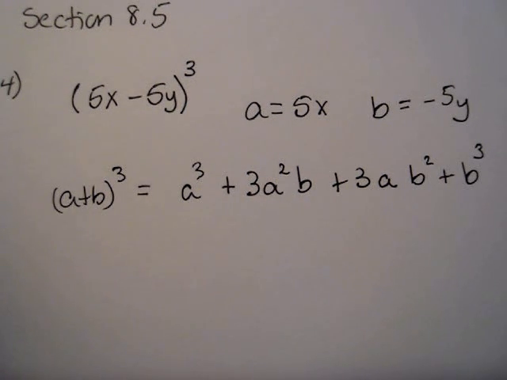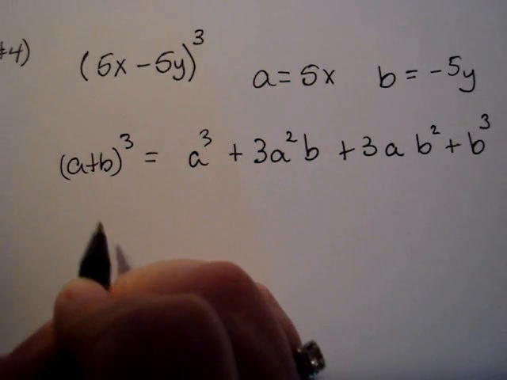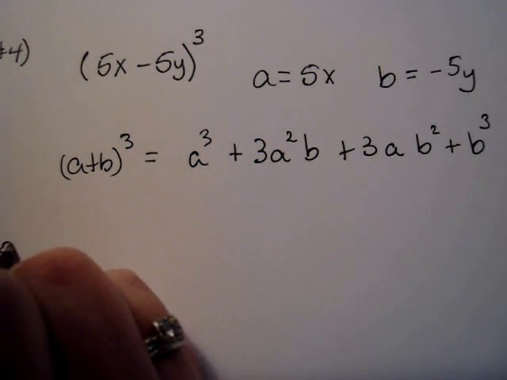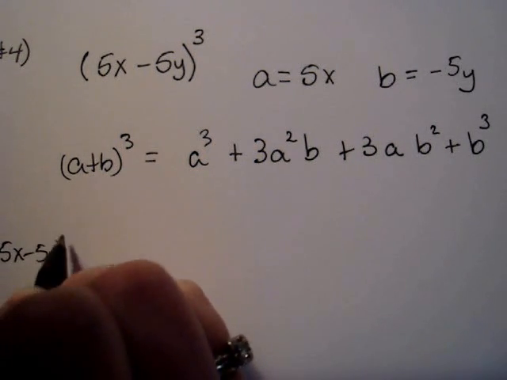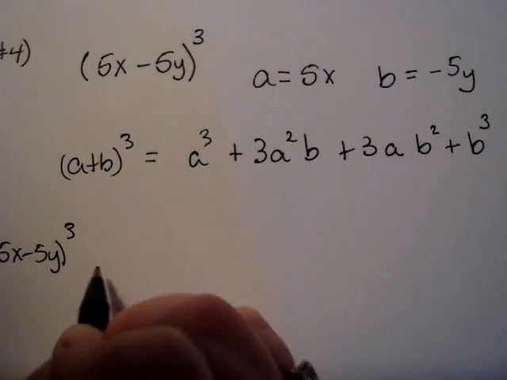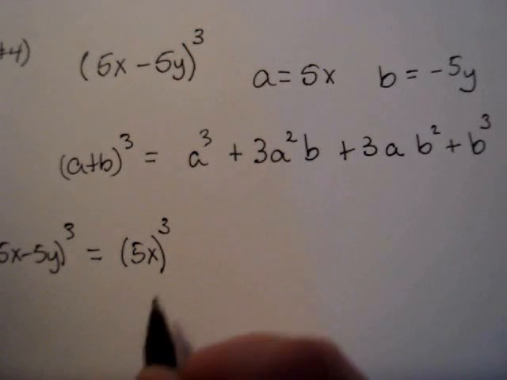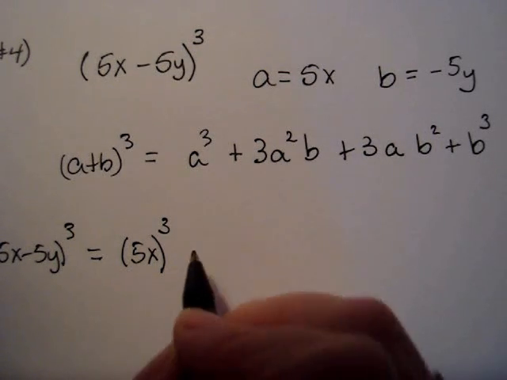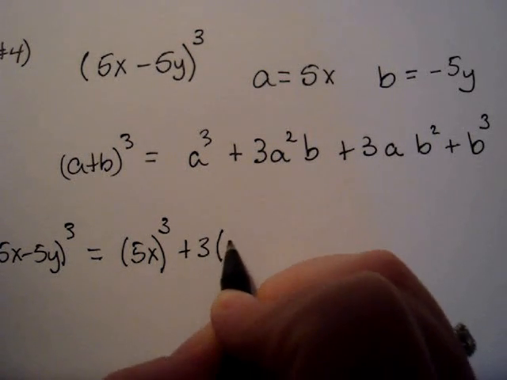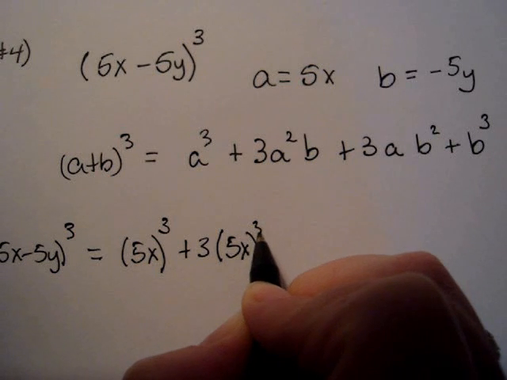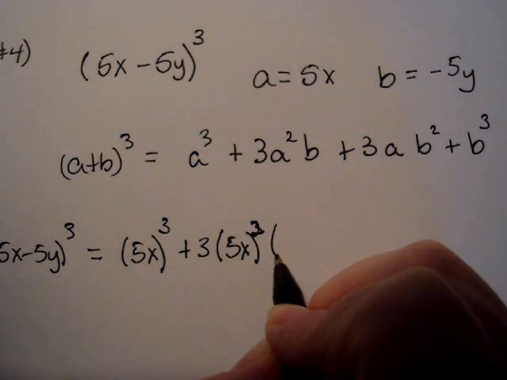So now I'm going to substitute. Instead of a, I'm going to put 5x, and instead of b, I'm going to put negative 5y. Okay, so I will get that 5x minus 5y raised to the third power is equal to 5x raised to the third power, don't forget to put it in parentheses, plus 3 times 5x raised to the second power times what was b?